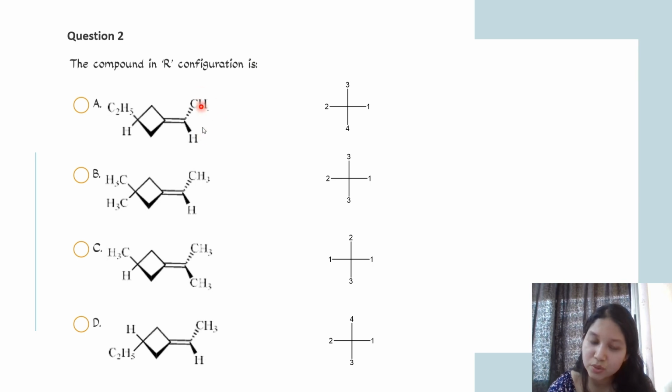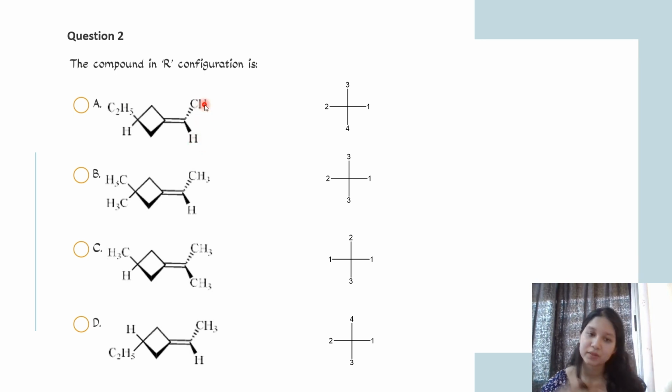Between these two substituents, if we assign priority according to atomic numbers, just following the rules of priority in RS nomenclature, we will assign this methyl as 1 and this hydrogen as 2. So for this plane, we have assigned the priority as 1 and 2.